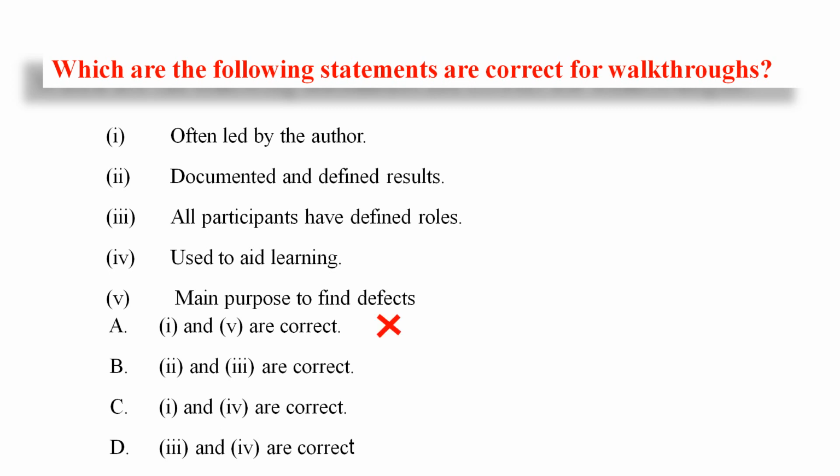See, 1, often led by the author, and also 4, used to aid learning. This is about walkthroughs. But predominantly a walkthrough is conducted to aid learning, not to find defects. That is secondary.